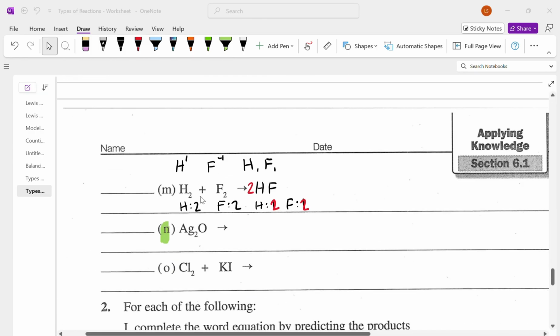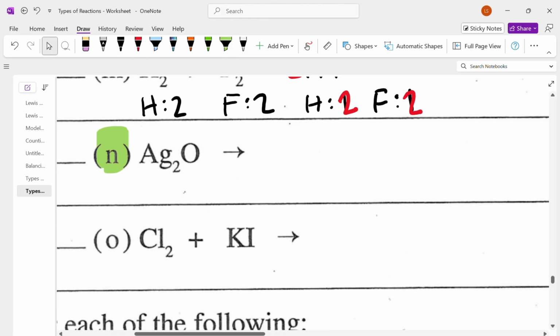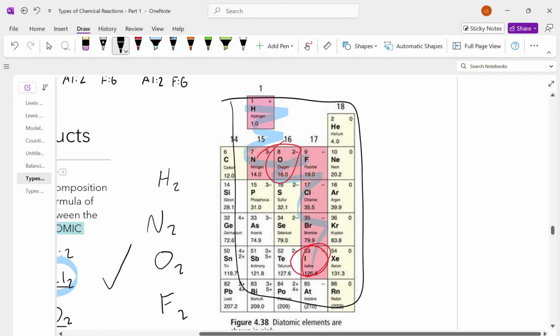Next, we have N over here, right here. So to do this, we first get the 2 elements out. So we'll have silver and oxygen. As we noted before, oxygen is part of the 7 diatomic elements.